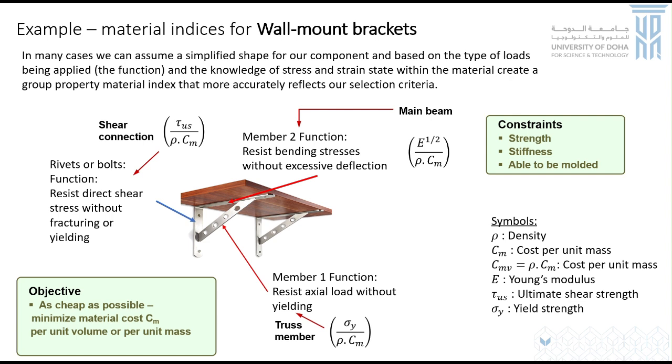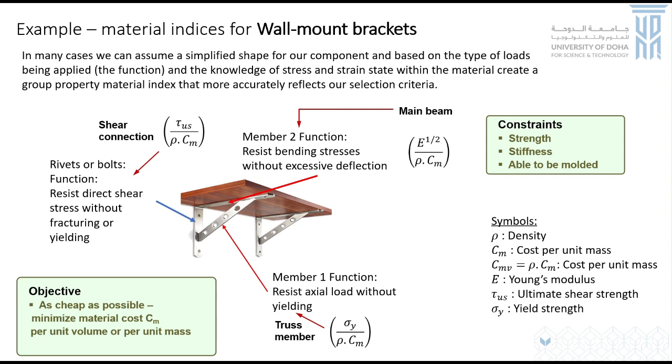So this will also be different. You understand the point? So basically, depending on each function there is a different material index for the same objective. Of course, if you change the objective, then it will also be different, right? But even for the same objective, the material index is changing depending on function.